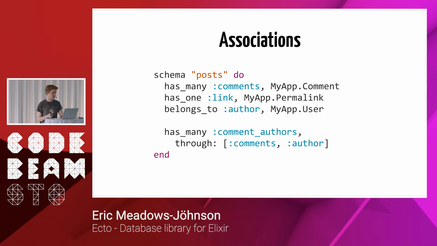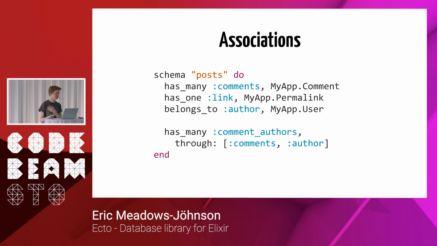Has one is for one-to-one. For both of these has associations, we assume that the foreign key is located on the foreign schema, but on belongs to, on the other hand, we create the field for the foreign key locally.